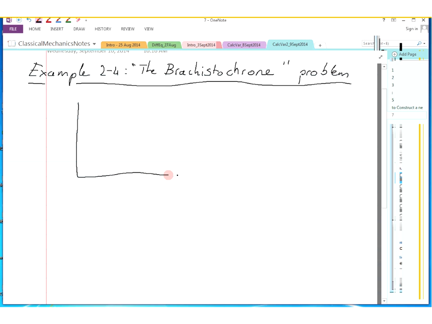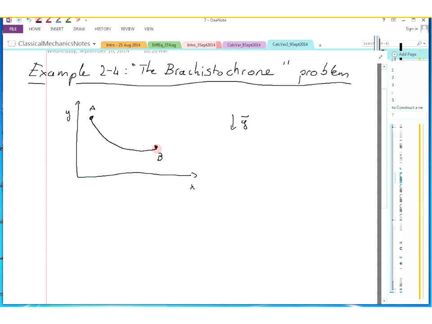Let's set up a coordinate system here. This is the real world, so we have gravity. And we have two points, A and B. We have a wire and a bead with a hole in it. We want to bend the wire so that the bead will fall with gravity from A to B in the shortest possible amount of time.